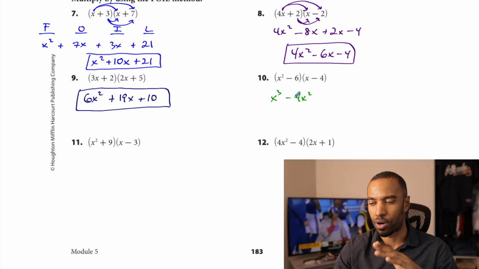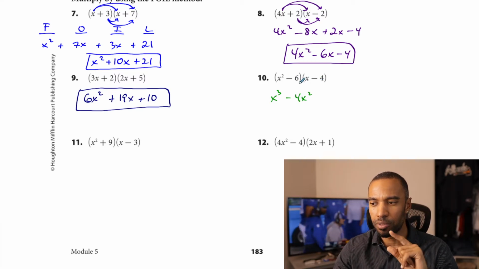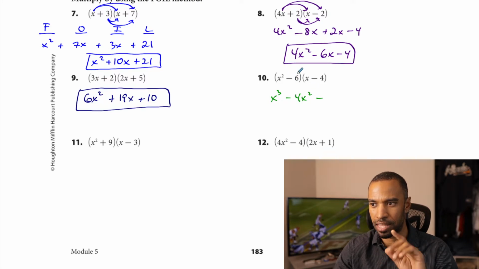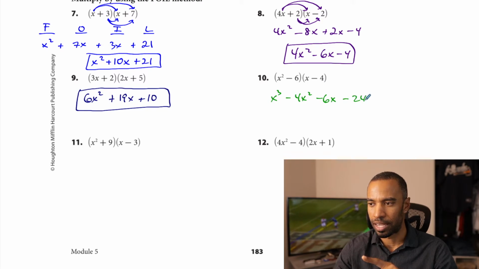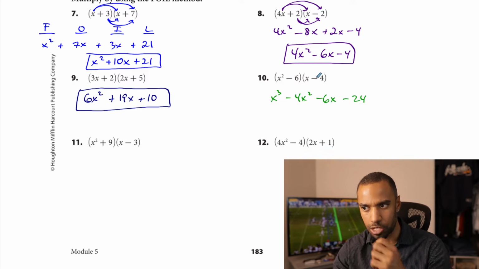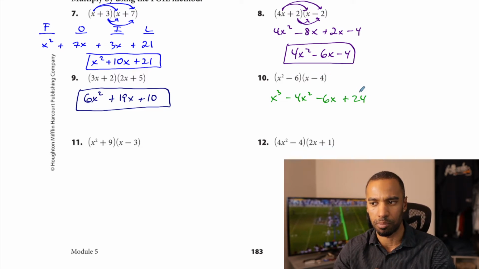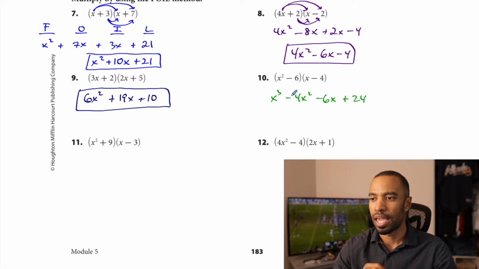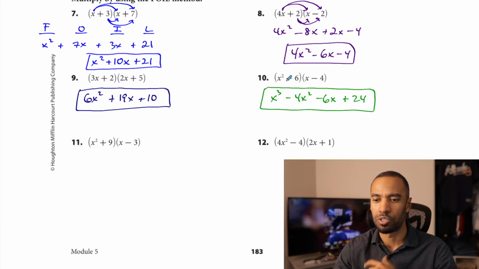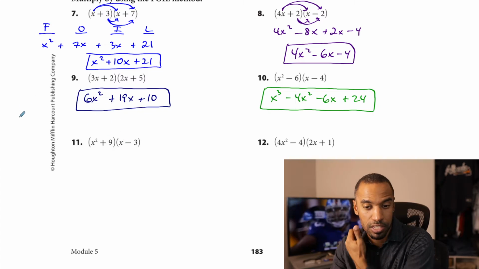Some people write the minus because they see the 6 here, so they do minus, and then 6 times x, and then 6 times negative 4. Be very careful, guys. That is still a negative 6. That is multiplying with negative 4. That becomes a plus right there. It definitely does. And anyway, nothing can combine. We are in standard form. All is swell there.